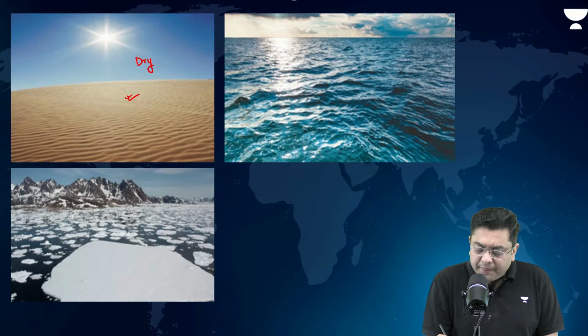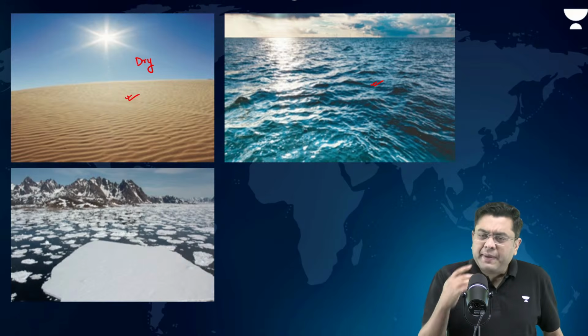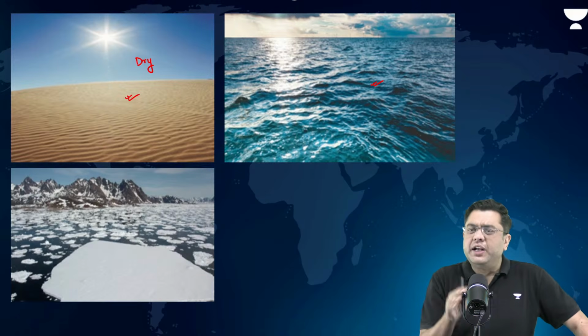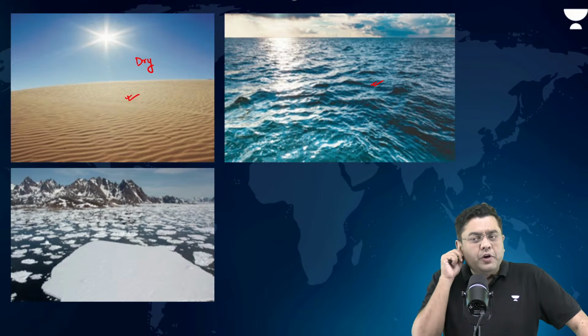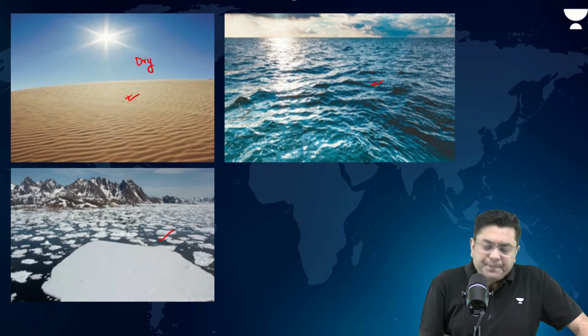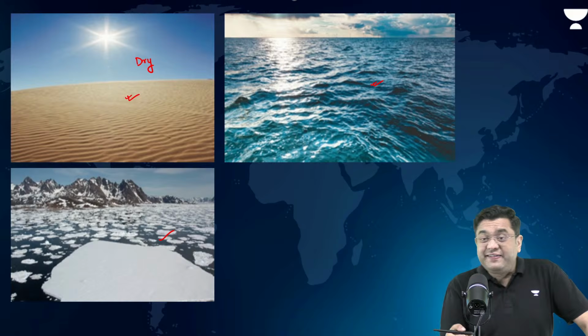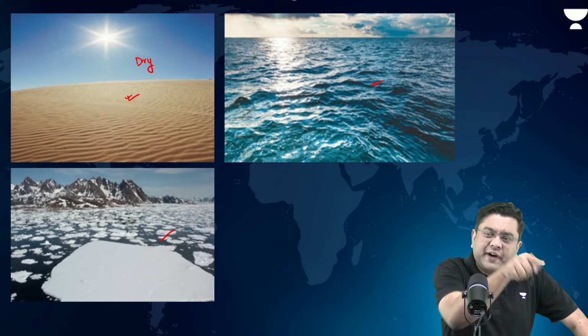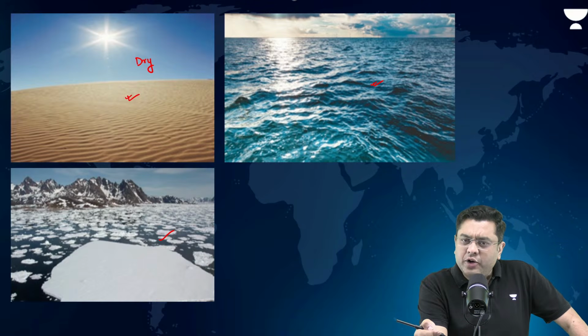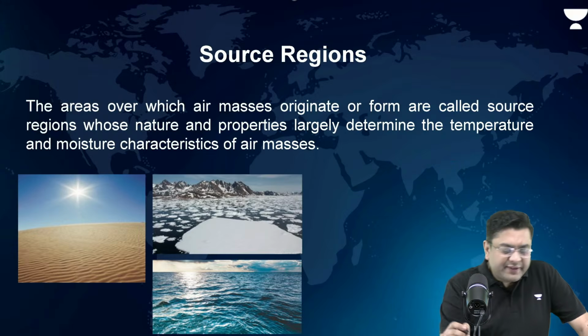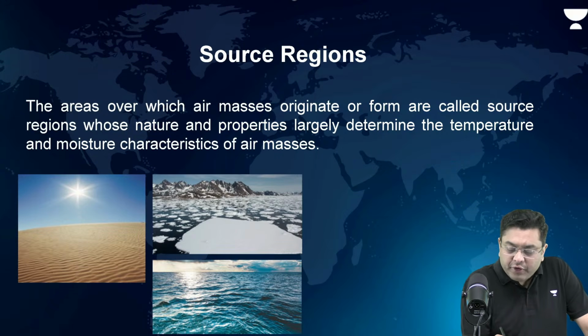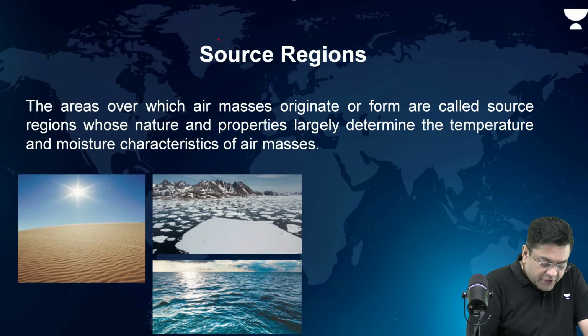If you are here, whatever might be the temperature, you know that moisture level will be very high because it is above an ocean. If you are here, you will know that air will be very cold. So it is the surface which is providing its property to the air in contact. That is the surface which is also referred to as the source region.